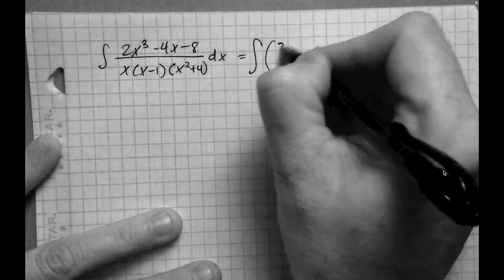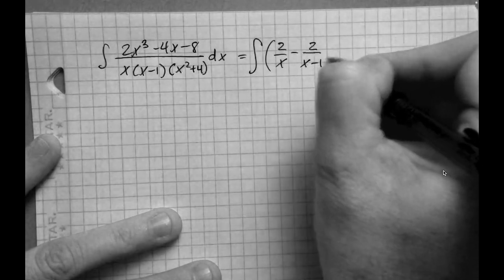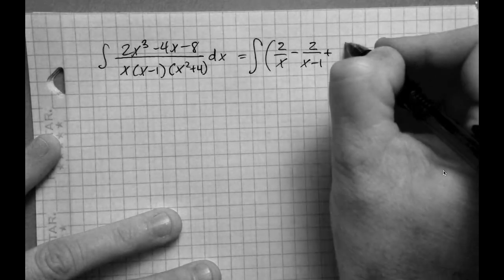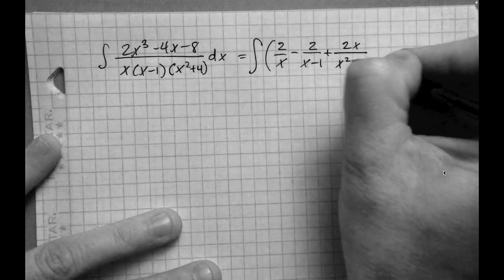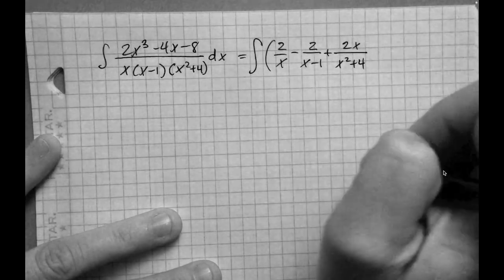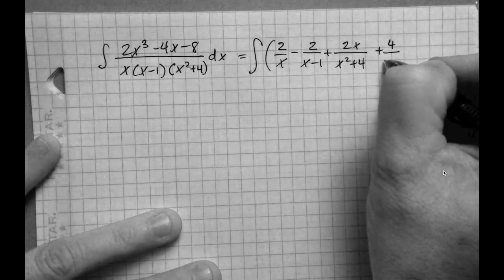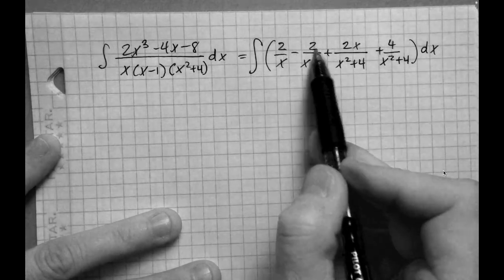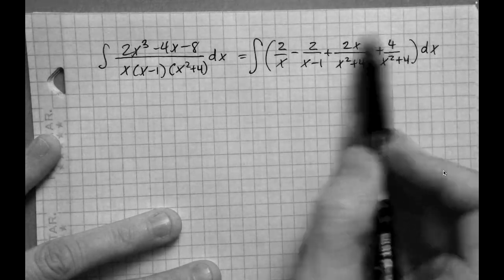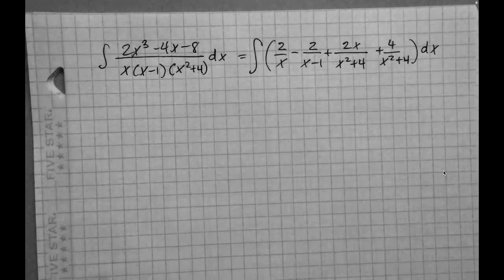And we get 2 over x minus 2 over x minus 1 plus 2x over x squared plus 4 plus 4 over x squared plus 4. Just make sure this is our a, b, c, and d. I broke the cx plus d term apart already.